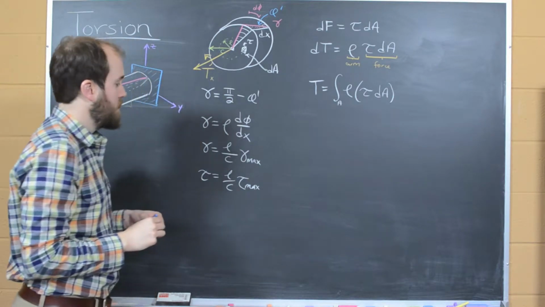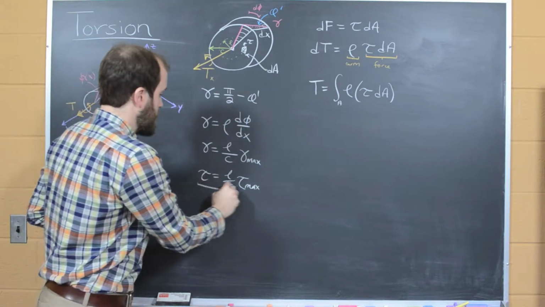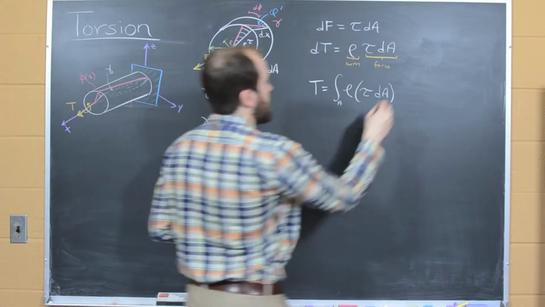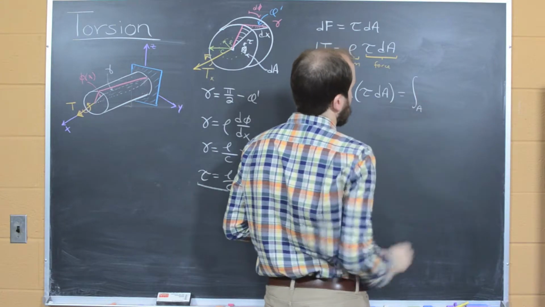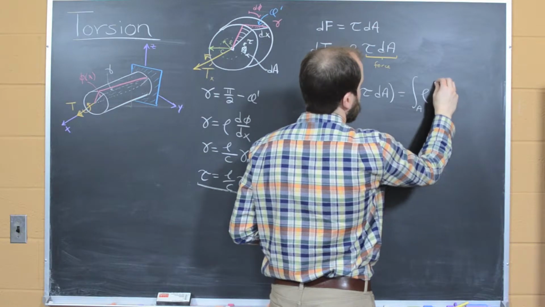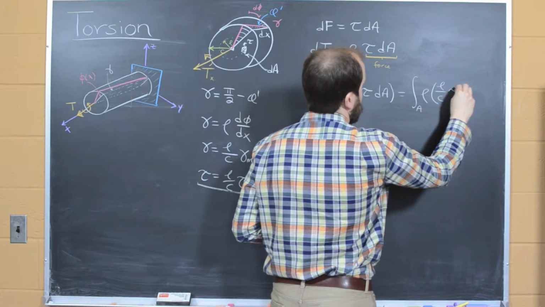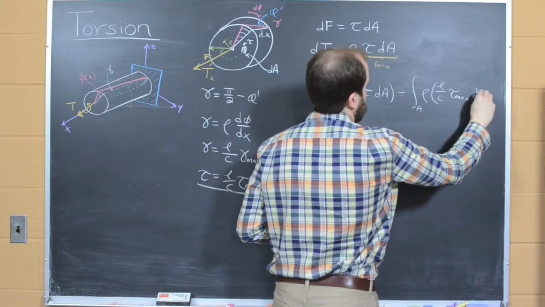And so what we know is we can replace what we have here into this integral, such that we integrate over the area of rho times rho over c times tau max dA.